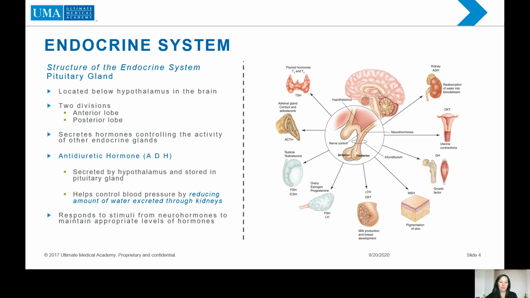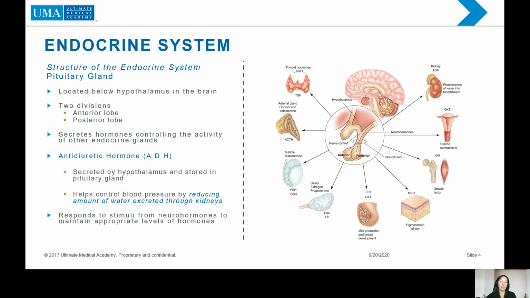This is secreted by the hypothalamus and stored in the pituitary gland. So the hypothalamus is going to secrete the ADH hormone, and it's going to store it in the pituitary gland. This helps you by controlling blood pressure, by reducing the amount of water excreted through the kidneys.